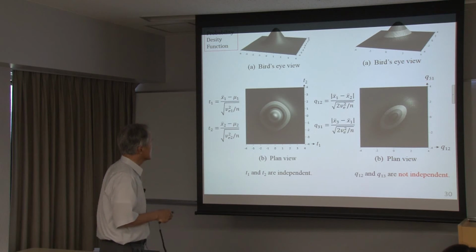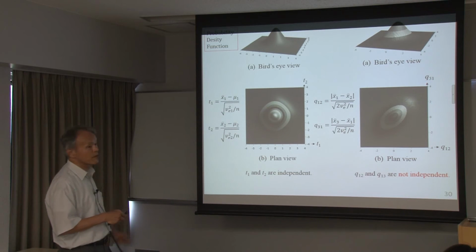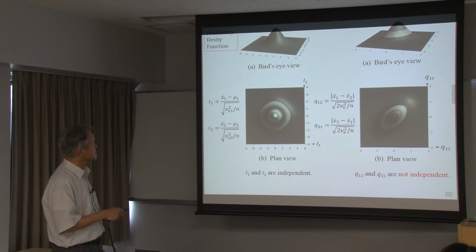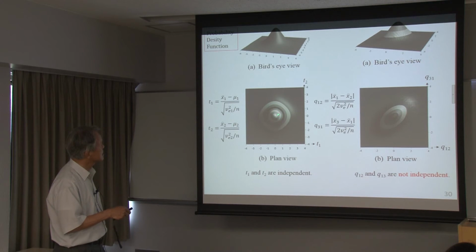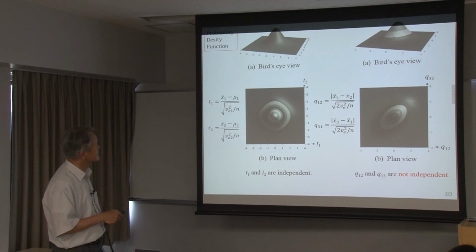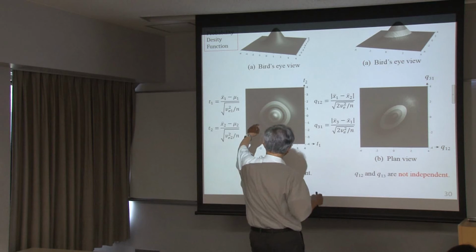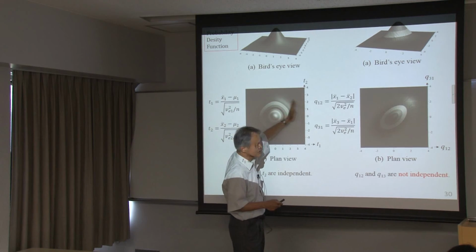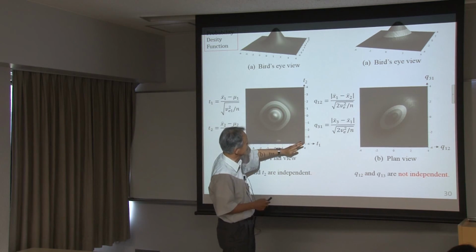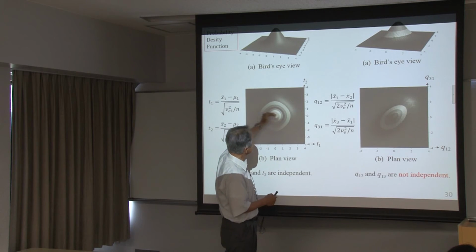So this is the probability density function. If these two are independent, then this contour is not related. So this axis and this axis are parallel to this T1 and T2.